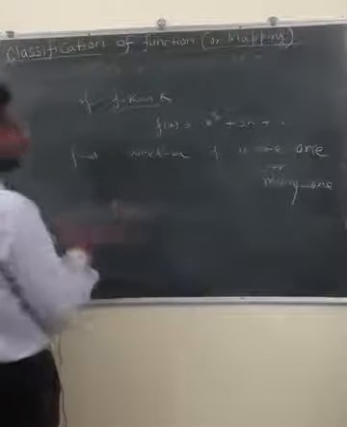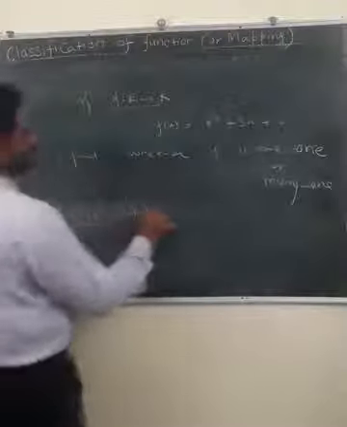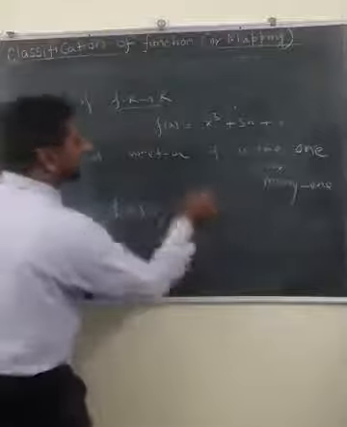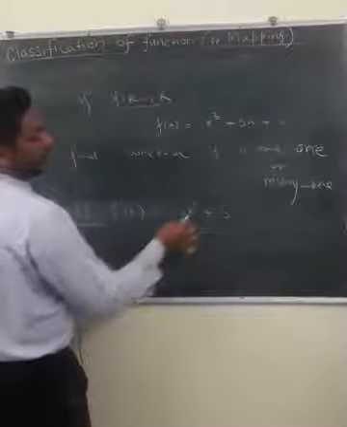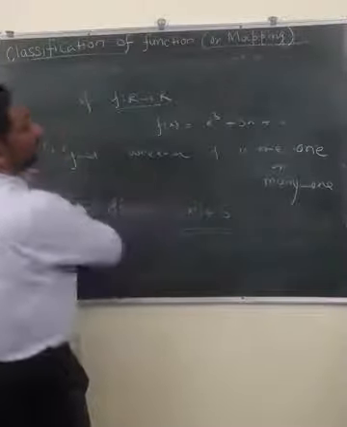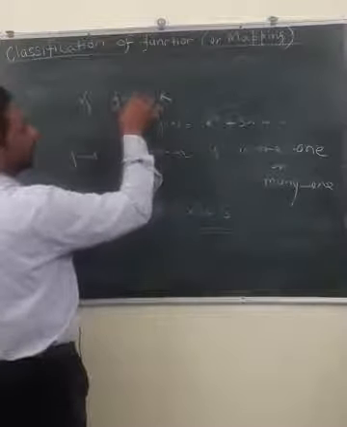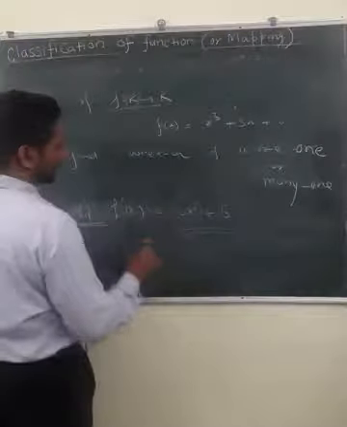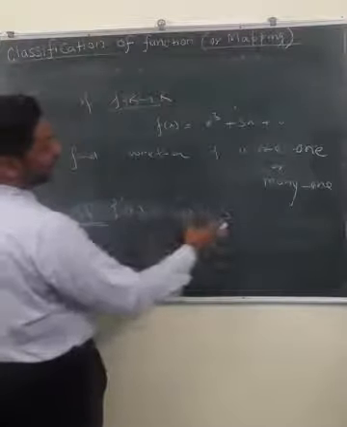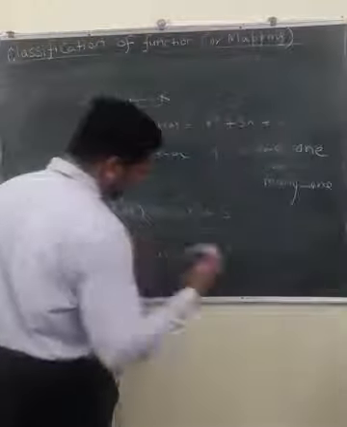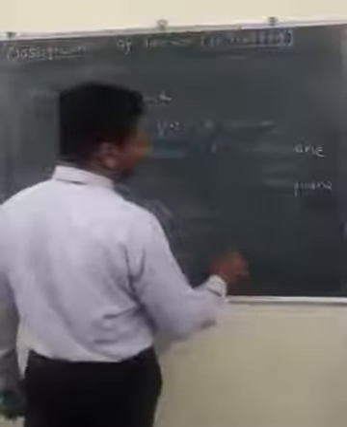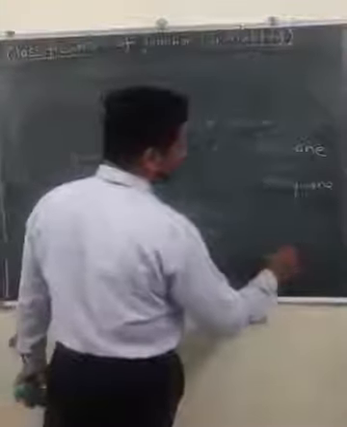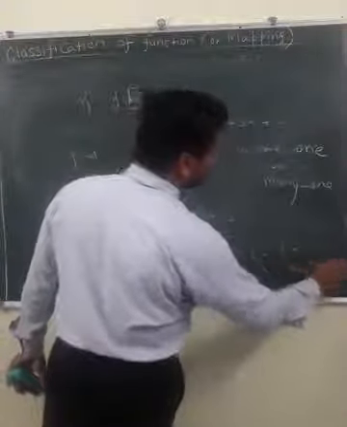I have to calculate f'(x). f'(x) is 3x squared plus 5. This term 3x squared will always be non-negative for every real number, so f'(x) must be greater than or equal to even 5, meaning greater than or equal to 0 for all x belonging to R, which is the domain. So f is a one-one function.